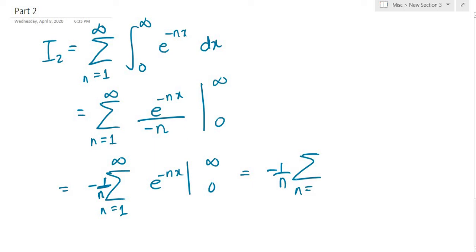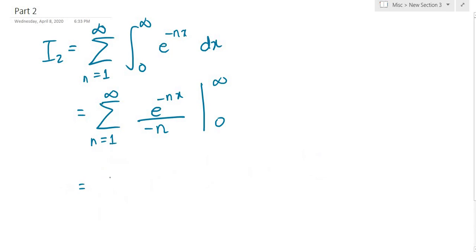Wait, what am I doing? I just messed up. You can't take the negative 1 over n outside because we have a sum running from n equals 1 to infinity. My bad, I'll just do the corrections here. So you always need to be careful of not taking the indexing variable out of the sum notation.